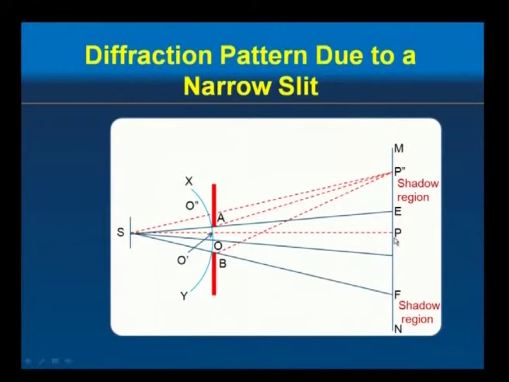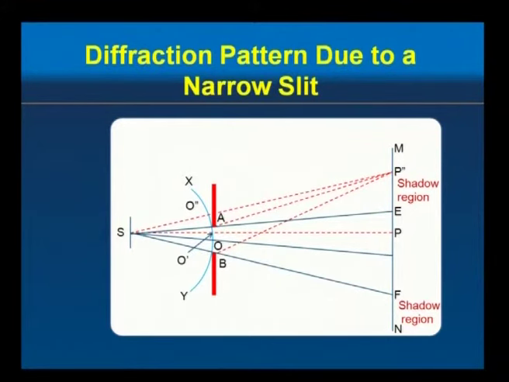I have been talking to you about the method of calculating the intensity of light at a point P on the screen because of the light passing through a narrow slit such as AB. You have a cylindrical wavefront XY. A portion of this cylindrical wavefront will obviously be a plane wavefront.